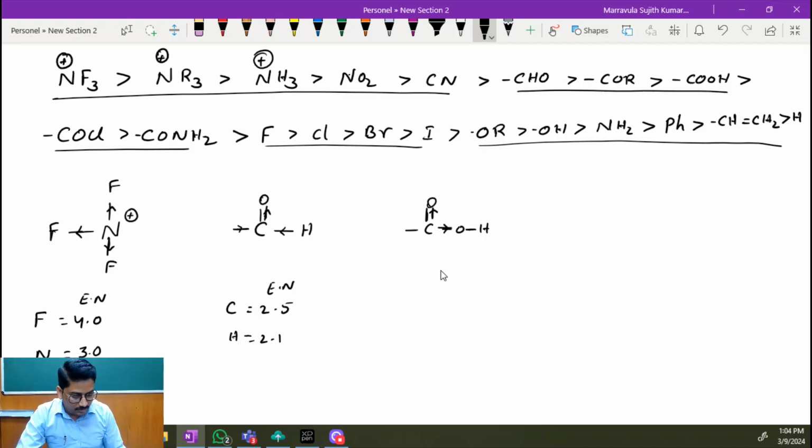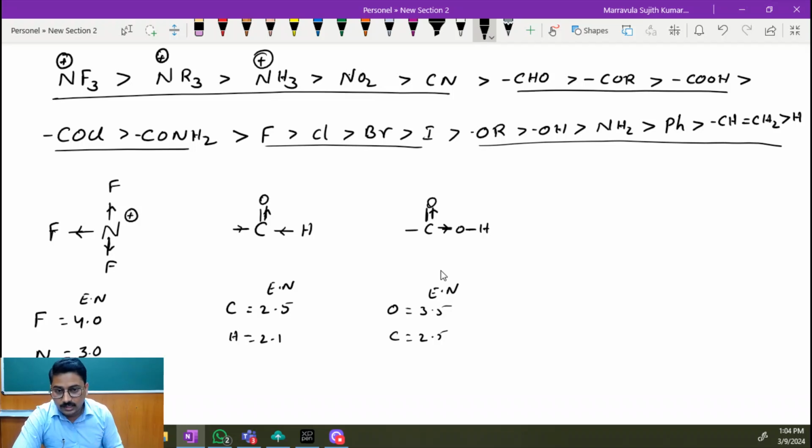Oxygen's electronegativity is 3.5, and carbon's is only 2.5, so it can attract, we know that. But what is happening here, why shouldn't COH come before the CHO?